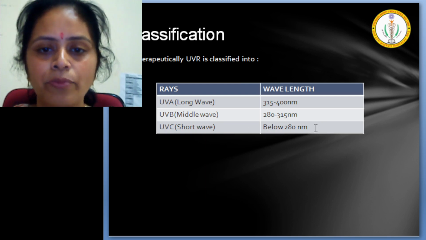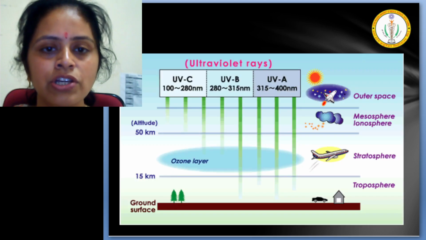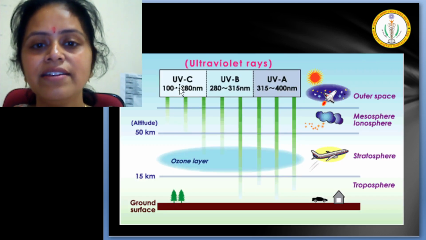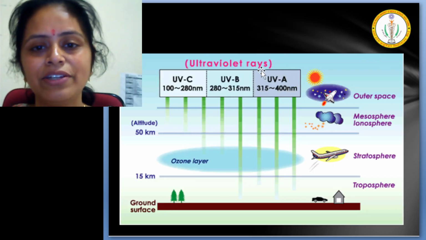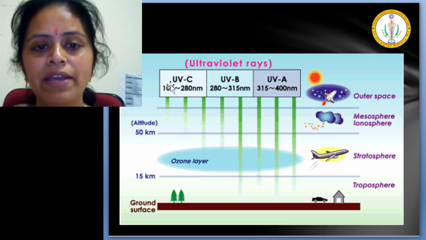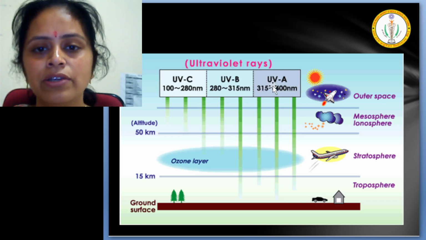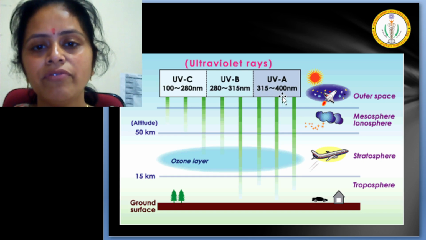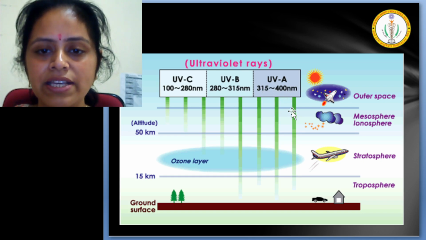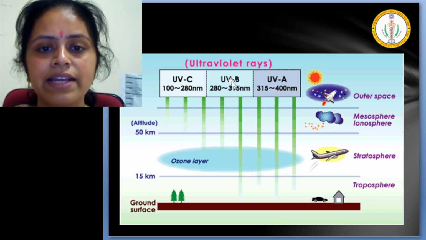218 nanometers. You can see in this diagram the natural source emitting the UV rays of UVA, B and C. These are naturally occurring waves. UVA with a wavelength of 315 to 400 nanometers, and you can see it is striking the troposphere and the stratosphere layer of the environment. The second one is the UVB.